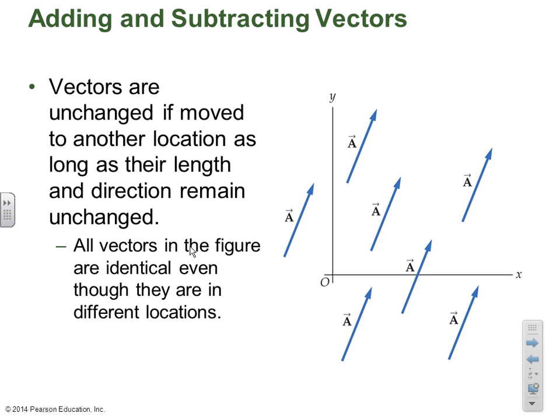So if this wind is blowing at 10 miles per hour to the northeast, we draw a vector like this to represent it. But regardless of where we draw that vector, it still represents 10 miles per hour to the northeast, whether we draw it in this location or this location down here or this location down here. Just because we physically move its location on the drawing, as long as it stays the same length and stays the same direction, it's the same vector.